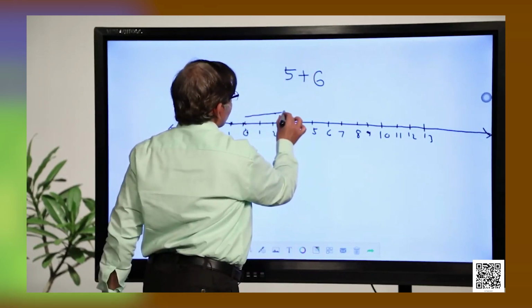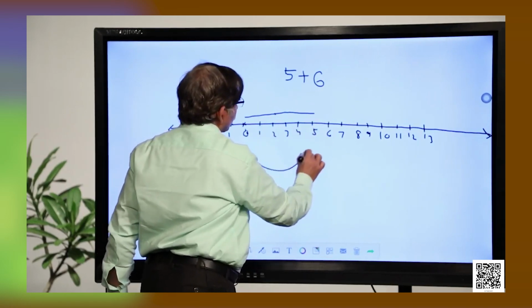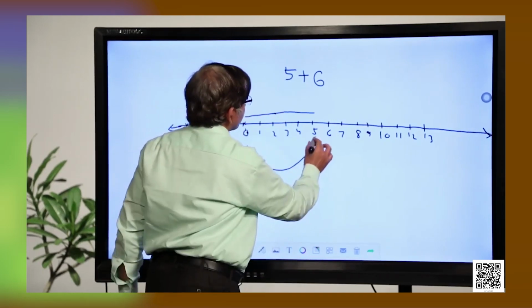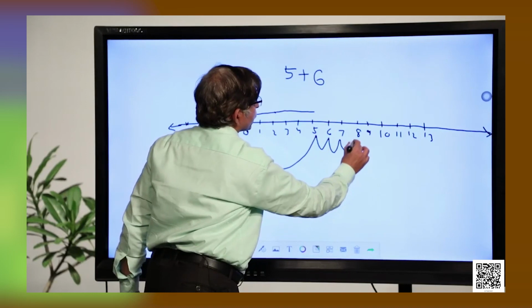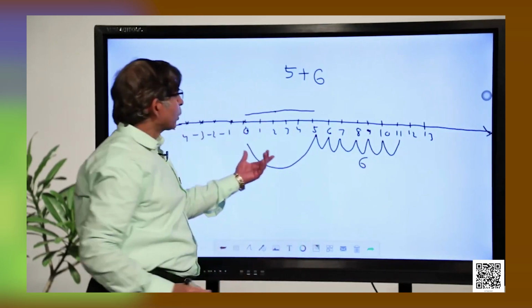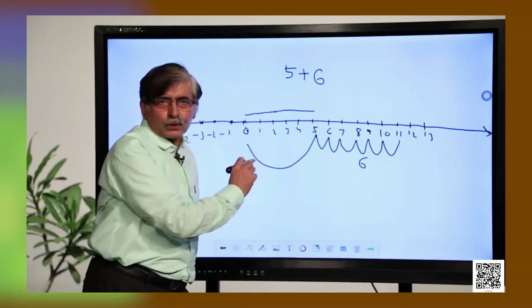So, on this side we have gone from 0 to 5. Again, how many steps have we gone? 1, 2, 3, 4, 5, 6. This is 6 steps.